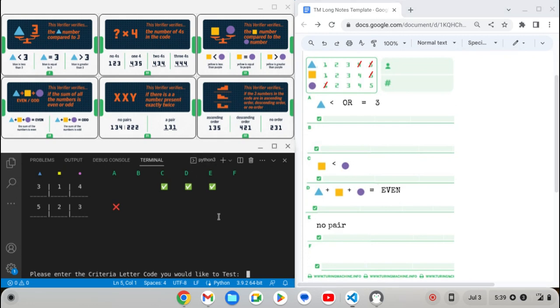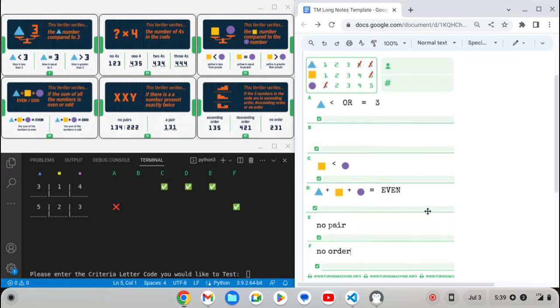So let's go ahead and test criteria card F. Okay, in this case it does agree with the proposal, and notice that in my case I have no order. I went from 5 down to 2, but then it increased to 3. So that is no order.